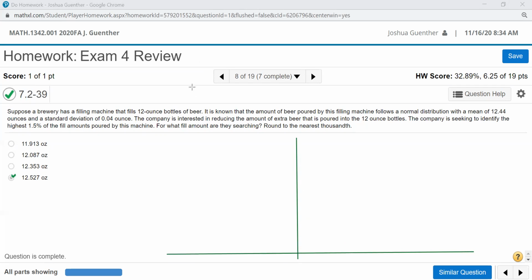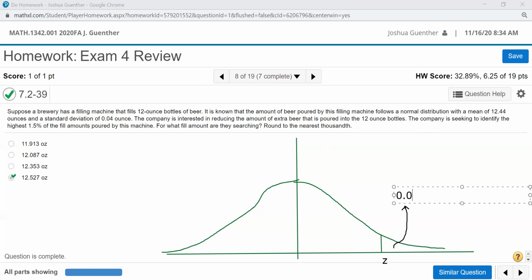What you need to do is look at the standard normal curve, and look for the z-score that has, well, you want the top 1.5%. 1.5% as a decimal is 0.015.